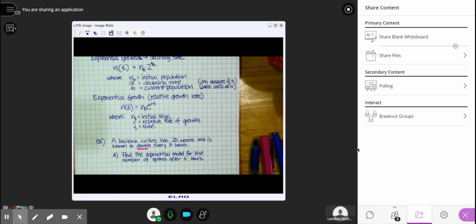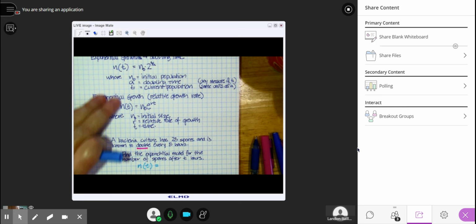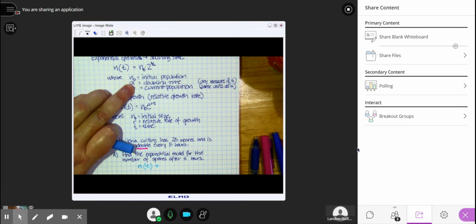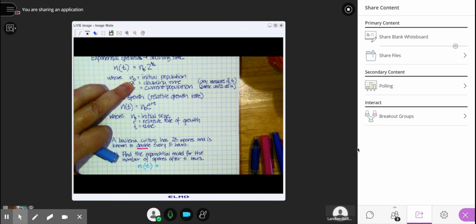So I'm going to have n of t is equal to n sub 0, which should be our initial population.